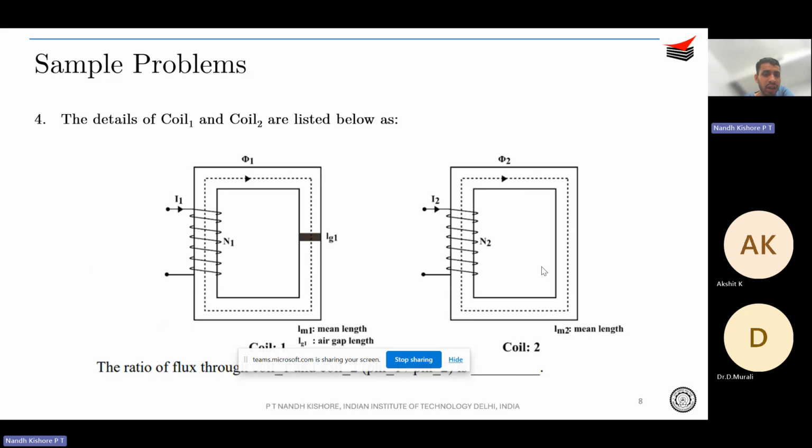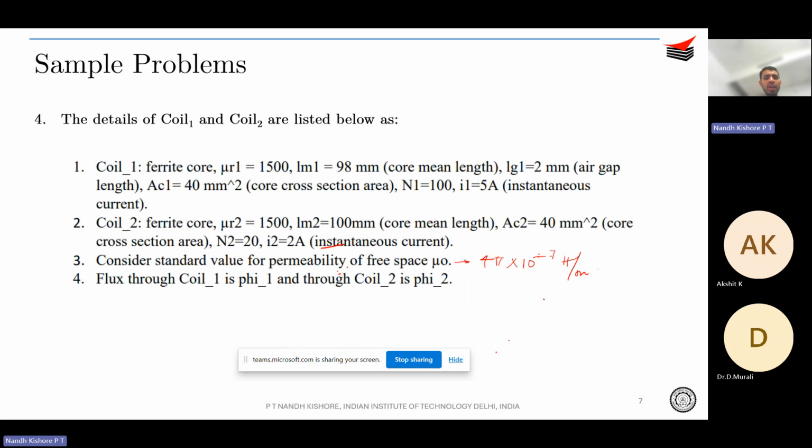So you need to calculate the flux in both of these cores and divide, and you get the answer. You realize over here that all the parameters that are given, that is LM, LG, and AC, are all geometric parameters.